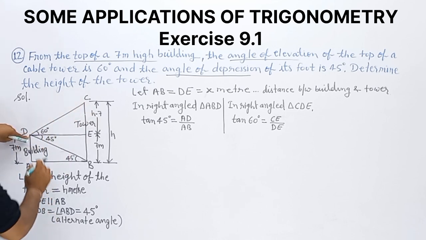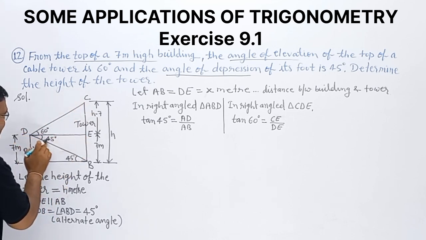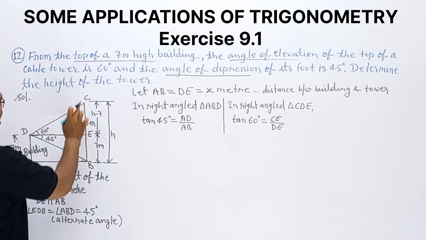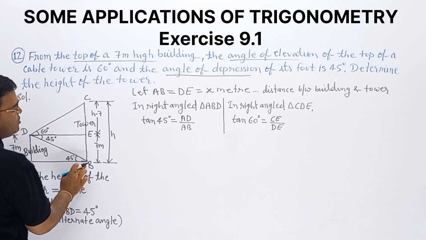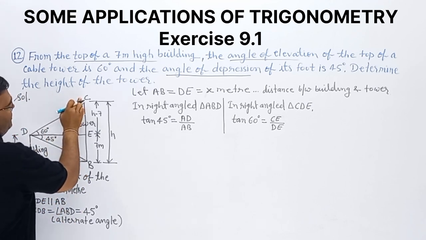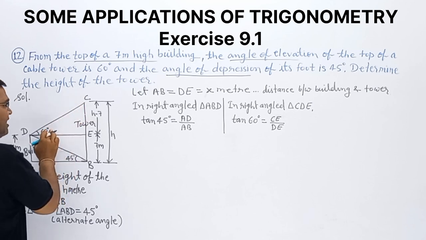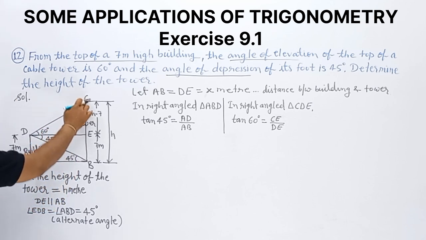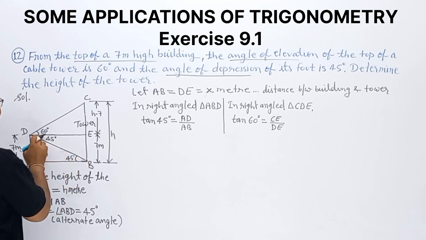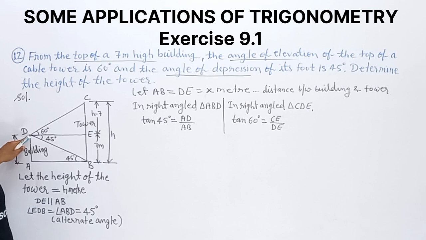And angle of depression means this is the horizontal line and the line of sight is below this horizontal line, and it is 45 degrees. The tower top is this one and the foot of the tower is this one. So from this point, the top of the tower makes a 60 degree angle, the angle of elevation, and the foot of the cable tower makes 45 degrees from the top of the building. Clear?